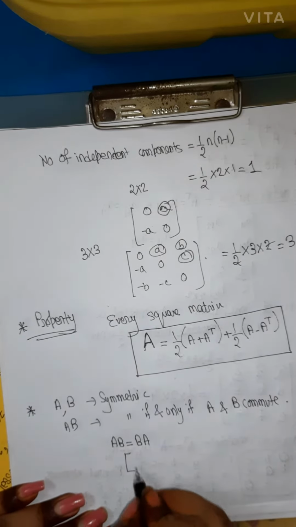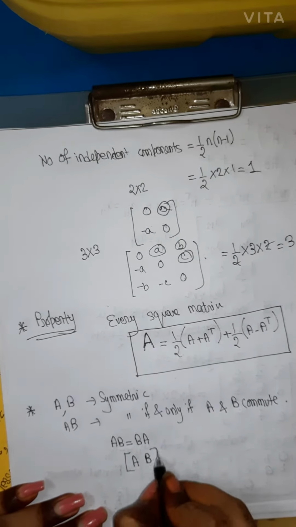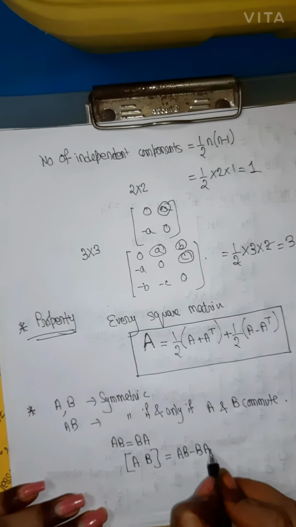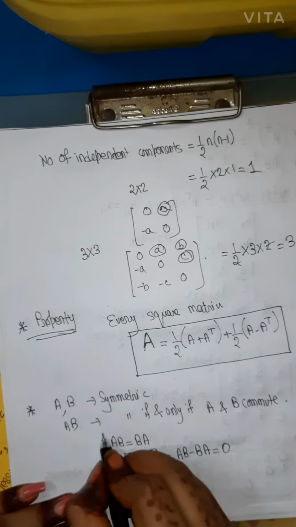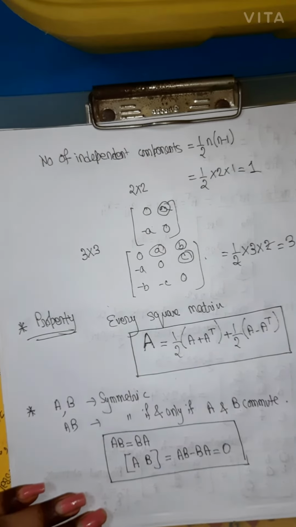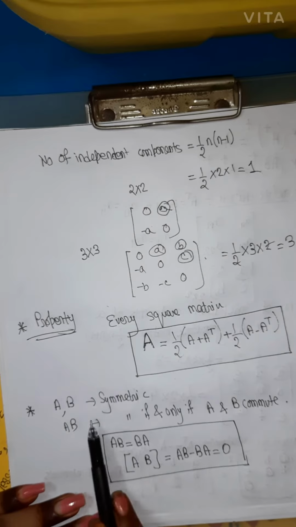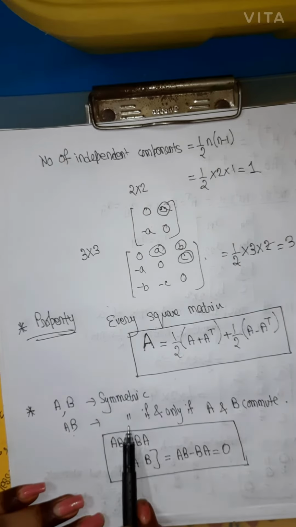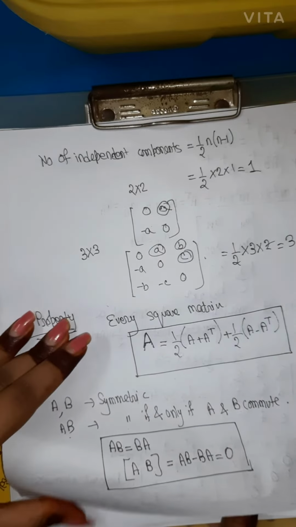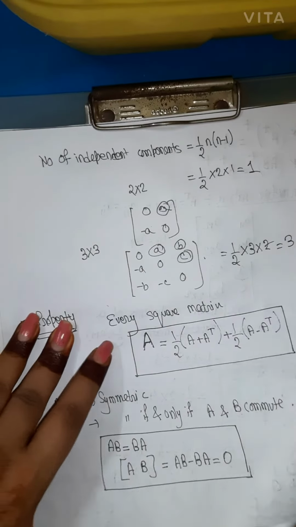This we call the commutator bracket. So AB minus BA must be equal to 0. This is the property: AB will be symmetric if and only if A and B commute. That is, AB is equal to BA.